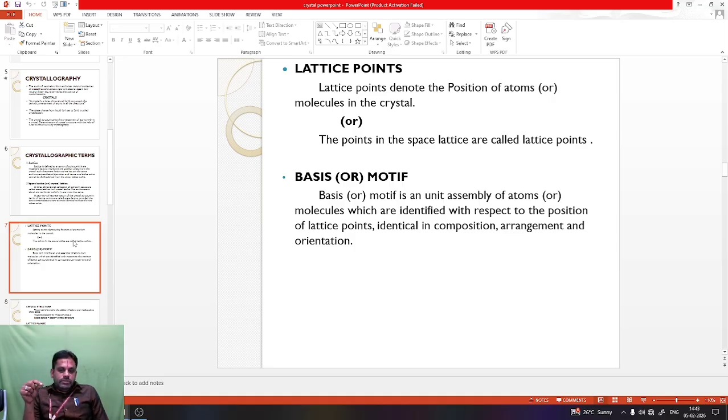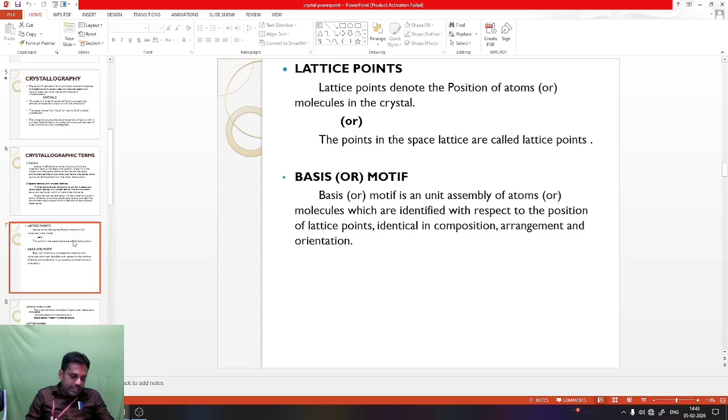And the basis, what do you mean by basis or motif? Lattice points are imaginary points. With reference to these points, the atoms or molecules are distributed with respect to the lattice point, that means in and around the position of the lattice points. So a group of atoms or a molecule which is identified with respect to the position of the lattice is called a basis or motif.